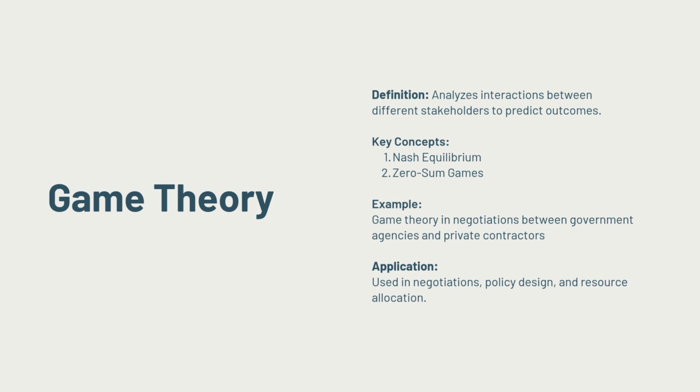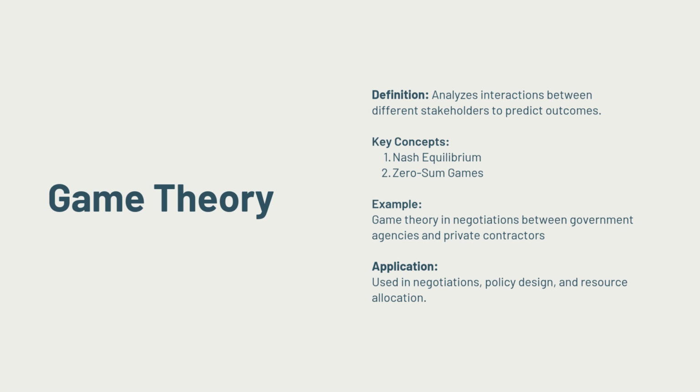So let's consider a public infrastructure project where a government agency is negotiating with private contractors and the local communities. The agency's goal is to complete the project on time and within budget, while the contractor wants to maximize profits and the local community wants to minimize disruptions. By applying game theory, the public administrator can model how each party might behave under different conditions.